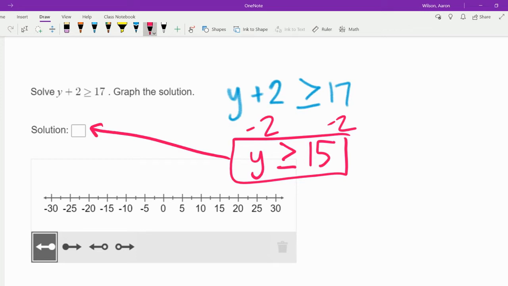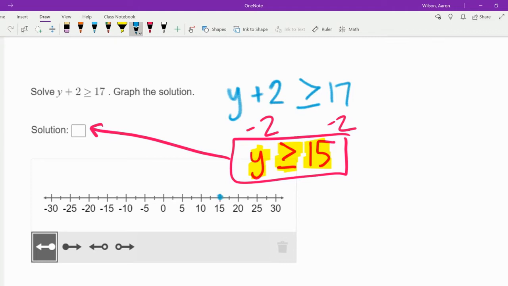And keep in mind the way I'm reading this. Y is greater than or equal to 15. It's important that you understand how to read it, because that helps you graph it on the number line. Since it has the line underneath it, that's the greater than or equal to, so it has to be colored in on 15, or closed.